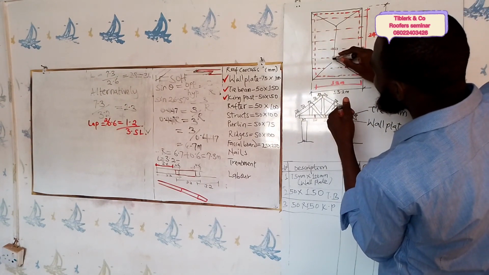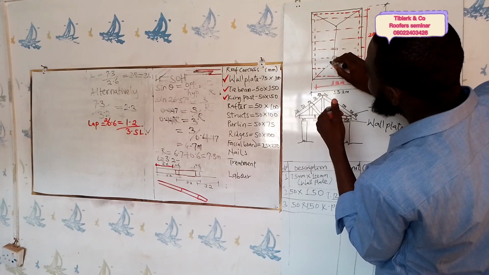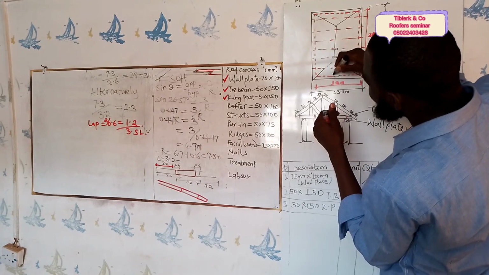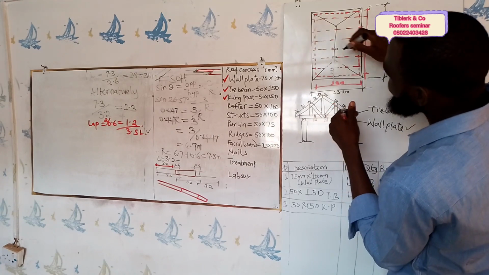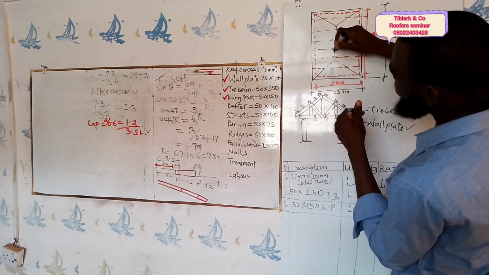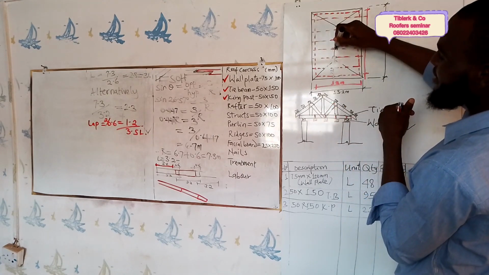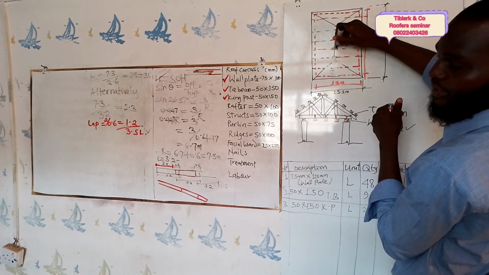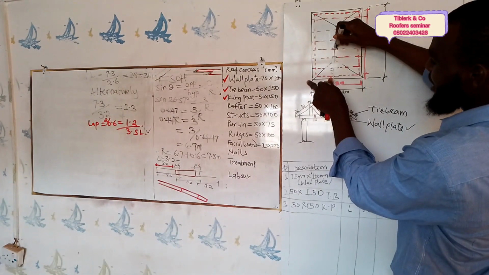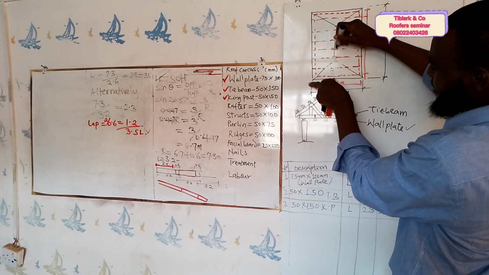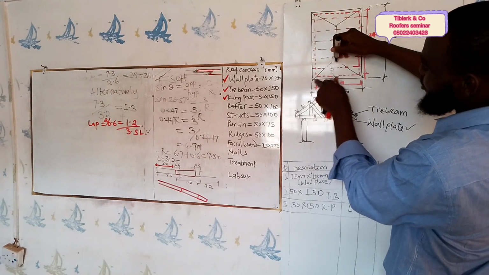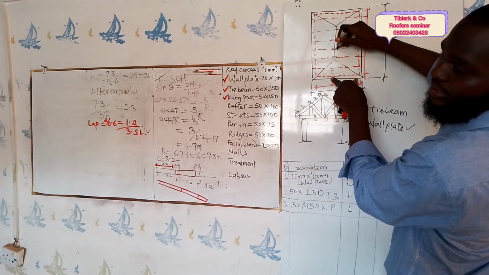If it is ending here, this space is 1.2. And if you choose to make it start from here, that is our slope, this ridge as well, it means from here to here will be 3.6.